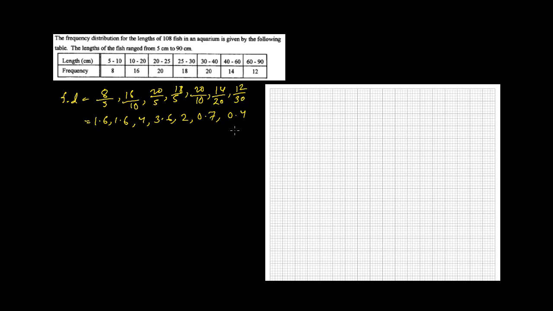Now let's draw the axis. The data here is length, so the labeling is very important. Unit in centimeter, and the y-axis is always frequency density. It starts from 5 and ends at 90.